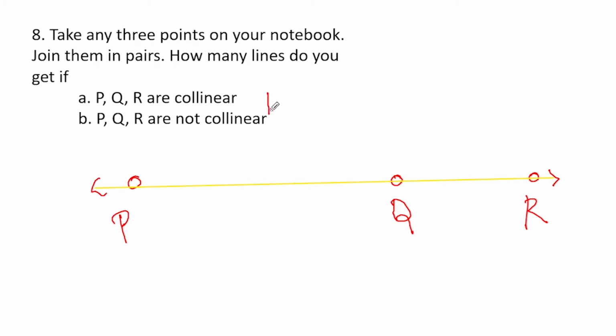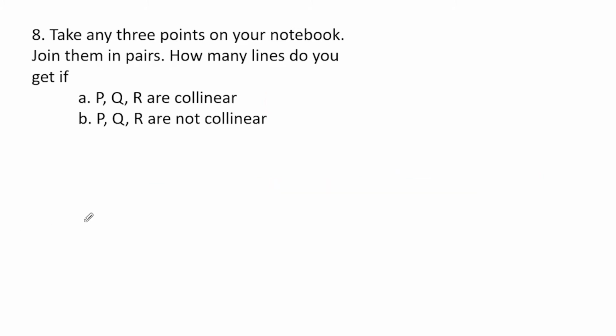Now if P, Q, R are not collinear, how many lines can I get? So I have P, I have Q, and I have R. Now these points are clearly not collinear. So how many lines can I get? So I can get one line.